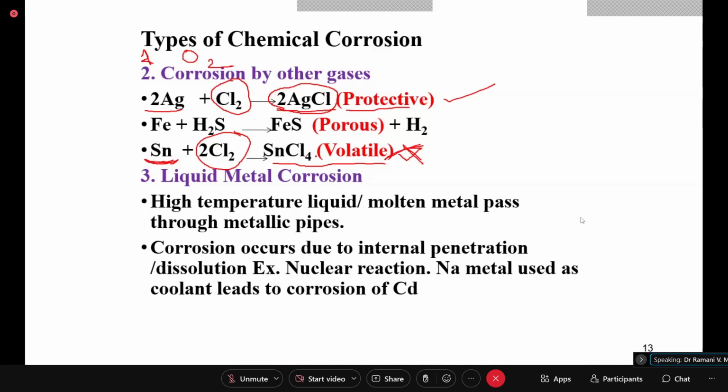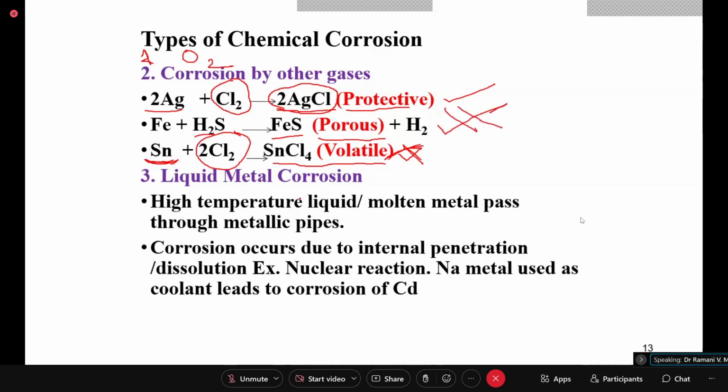So it depends on the product of corrosion whether further corrosion will continue or not. Like if you are having Fe and H2S comes in contact with it, it will lead to formation of FeS, which is porous in nature, and hence corrosion of iron will continue. It will not be protective.